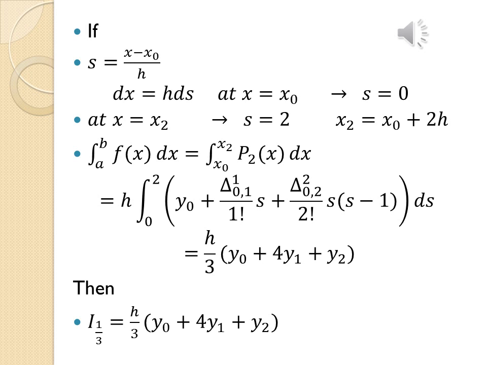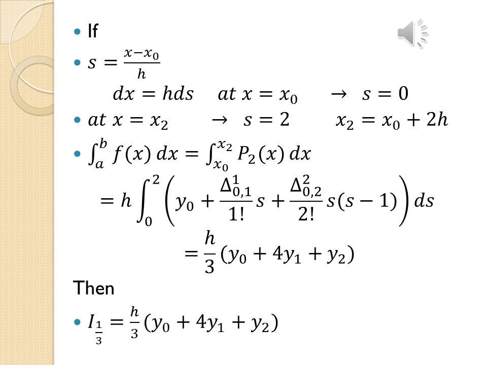This is called Simpson's one third rule, h over 3: y naught plus 4 y1 plus y2, because we have 3 points only. What does that mean? y naught is the first point and y2 is the last point, so the first and end points, and 4 y1 is the odd one.